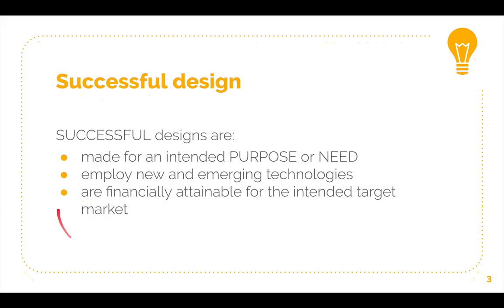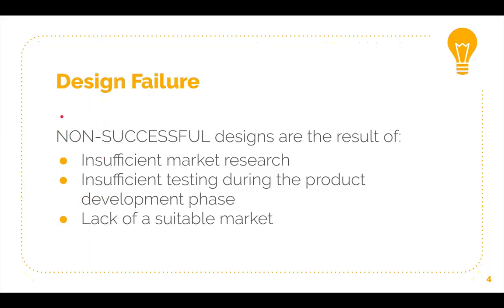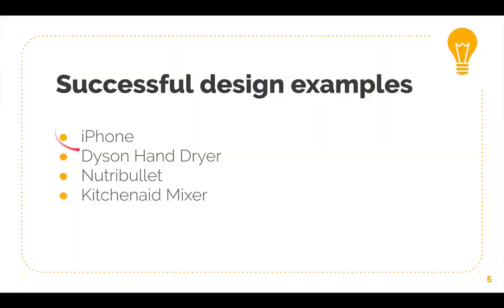Now, I did want to make one point about the financially attainable and it leading to successful design. There are some really important examples of where a product is actually rather expensive and its upkeep is rather expensive, but it is still successful. One of the best examples of that is the iPhone.